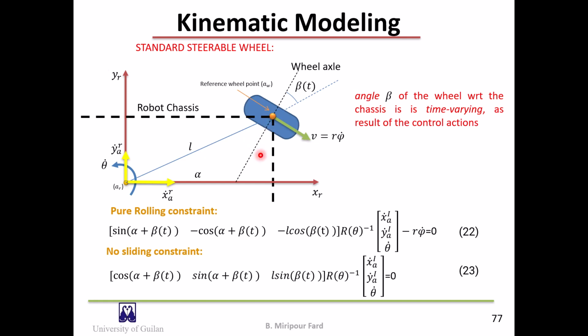It's only by time integration that the changes in the steering angle have an impact on the robot mobility. Anyway, for a steerable standard wheel, as in the case of the fixed standard wheel, the constraints can be written in the form of equations 22 and 23.